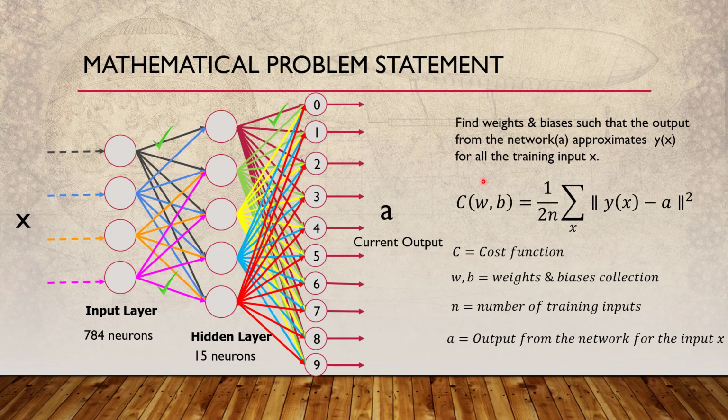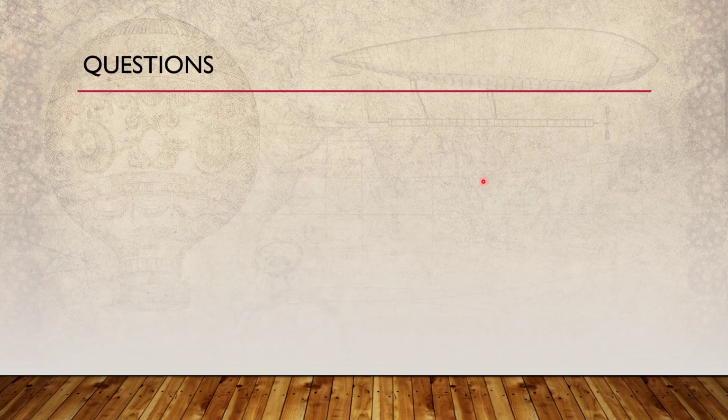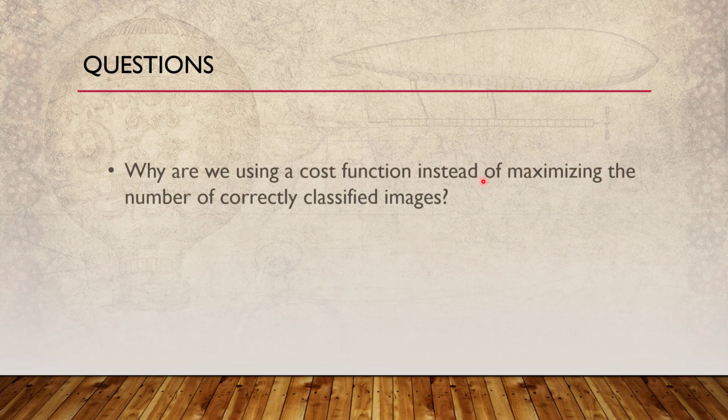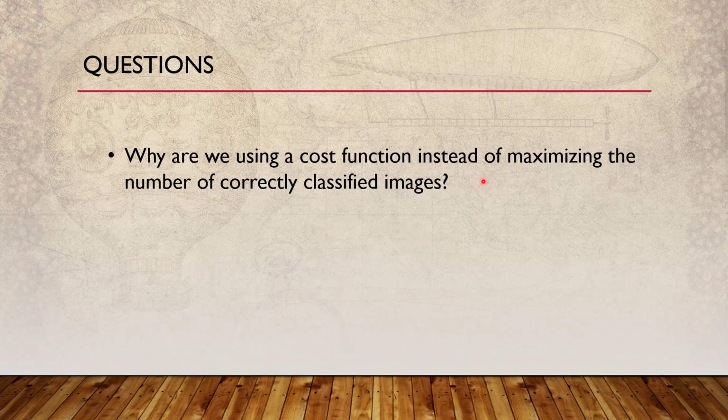Now before we jump into that, there could be two questions. Why are you using a cost function instead of just maximizing the number of correctly classified images? This is a very valid question.